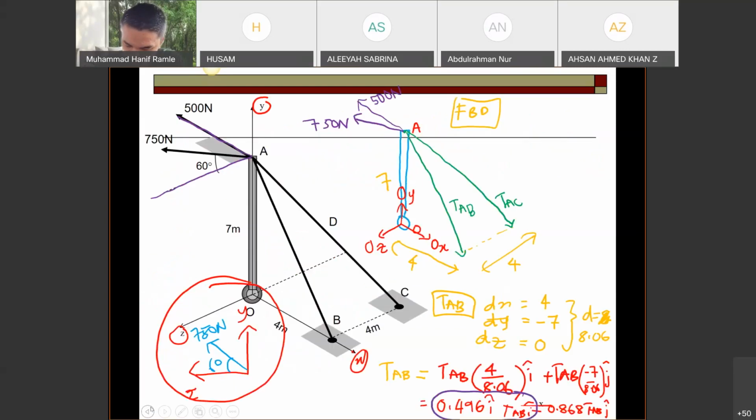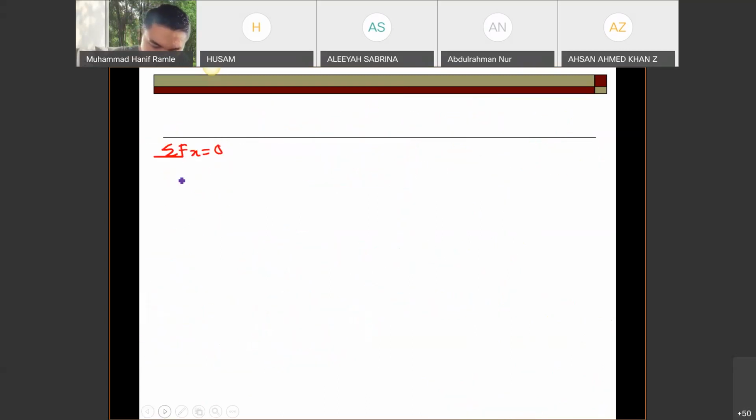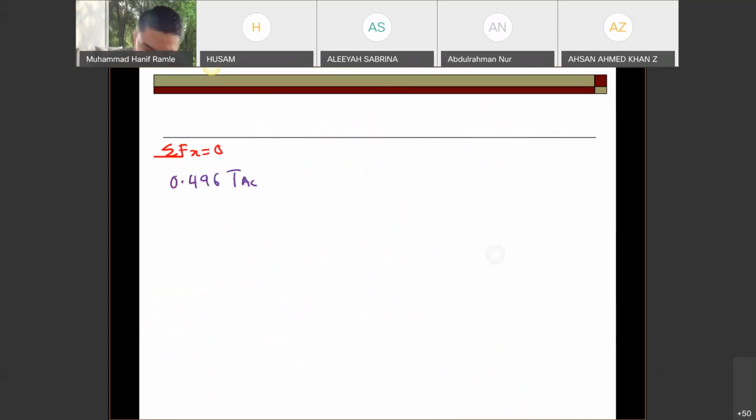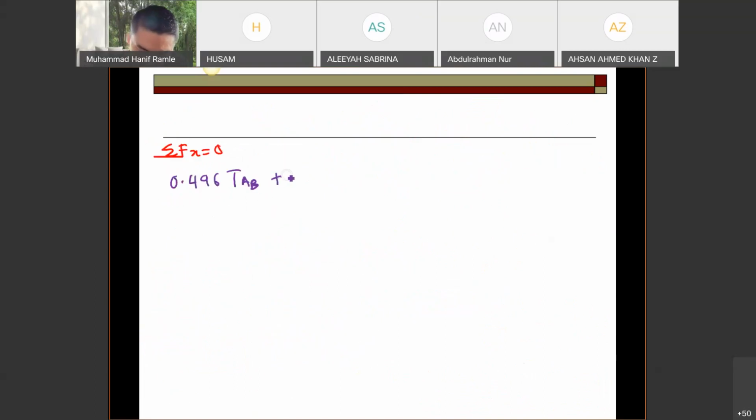So I put 496 TAB, right? Sorry, TAB. And then plus 0.4444 TAC.